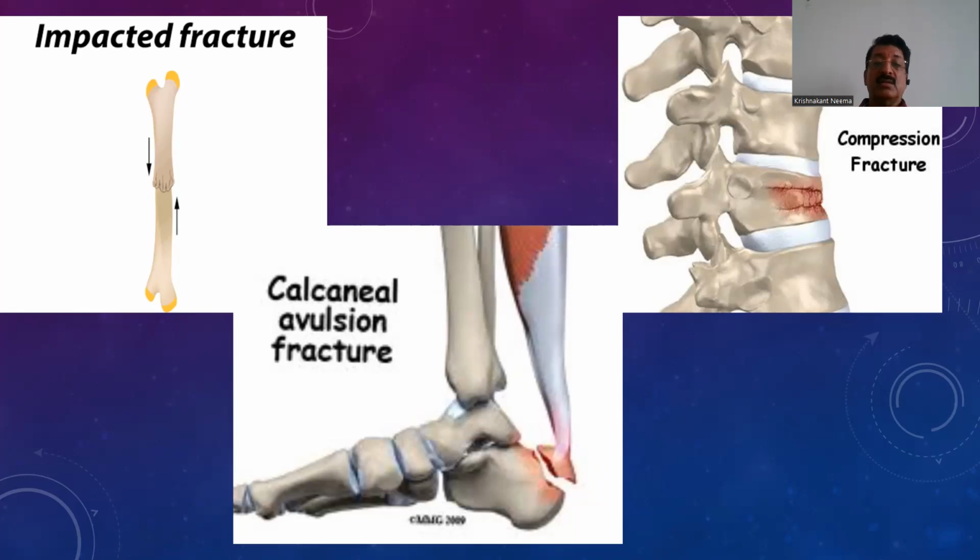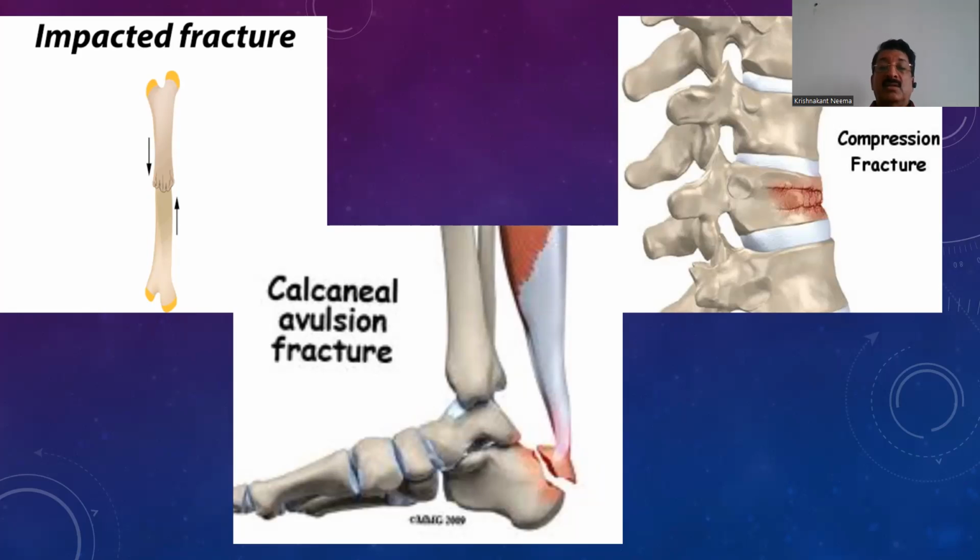Calcaneal avulsion fracture, where due to sudden contraction of the gastrocnemius, the part of the calcaneum on which the tendo-achilles is inserted can get avulsed, fractured. This is also a calcaneal avulsion fracture.